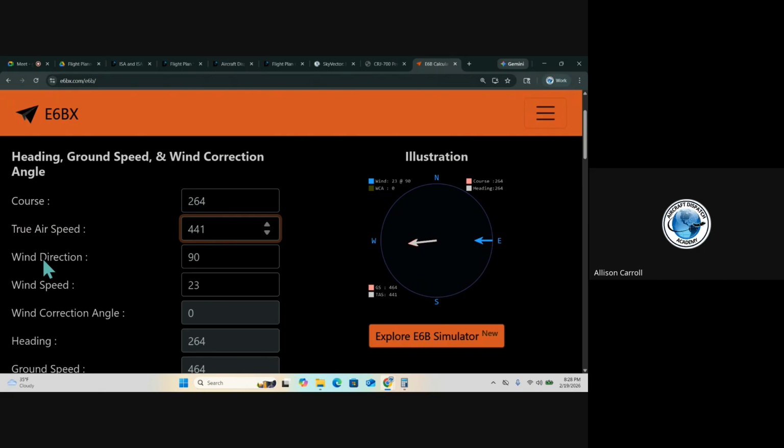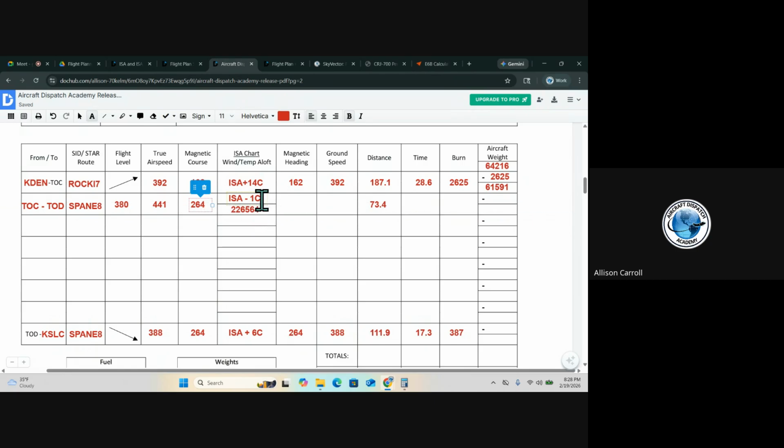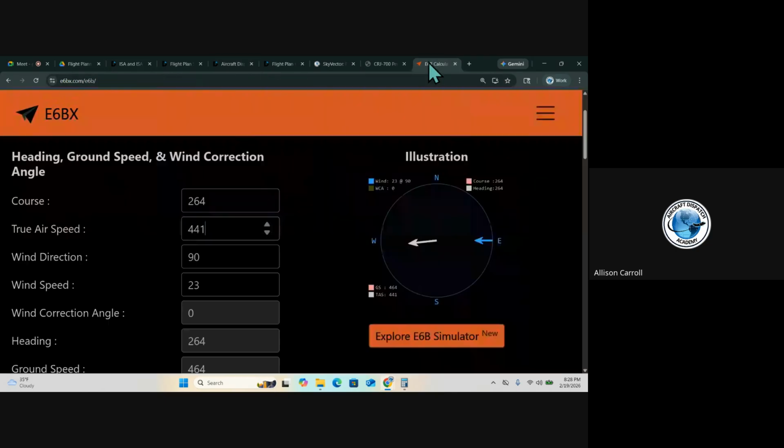Now we need to change our wind direction and our wind speed, and that's exactly why I put the winds and temps aloft right here, just so I don't have to keep going back to the flight plan. So winds aloft, they're coming from 220 at 65 knots. So wind direction is 220, and the wind speed is 65 knots.